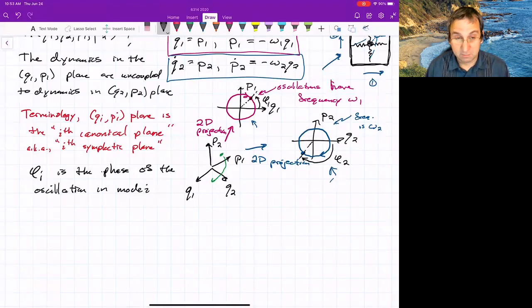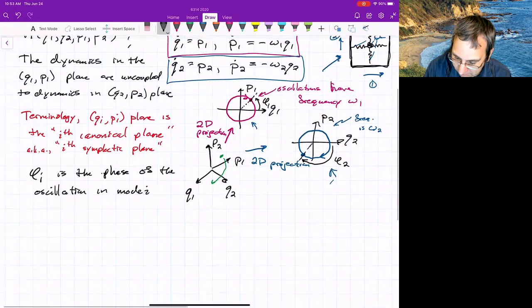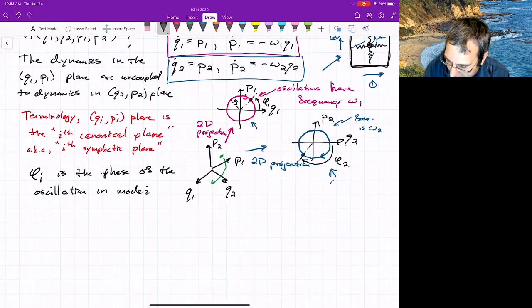But you could also think of it as the angular variable of a polar coordinate, right? And there'd be some other variable related to the amplitude. Maybe call this A1, the amplitude A2. This might be too tiny to see, but anyway.